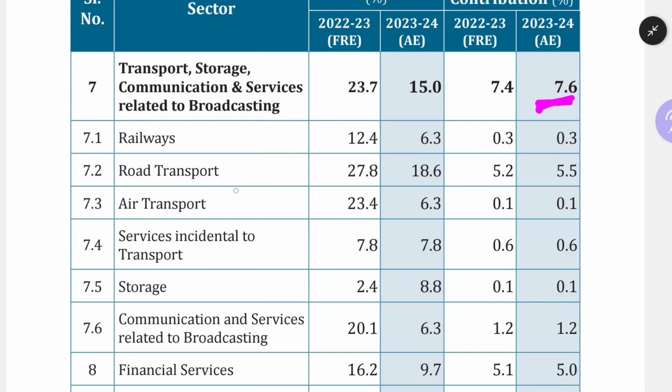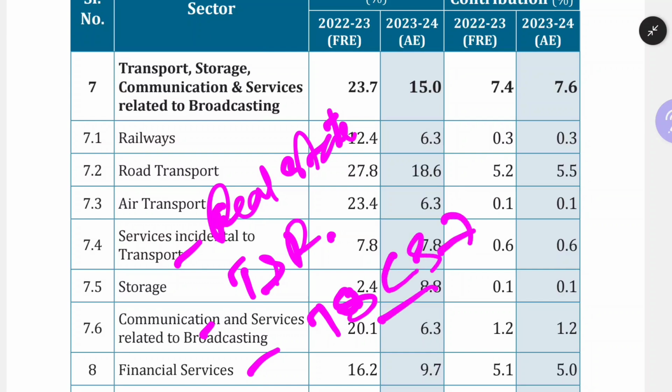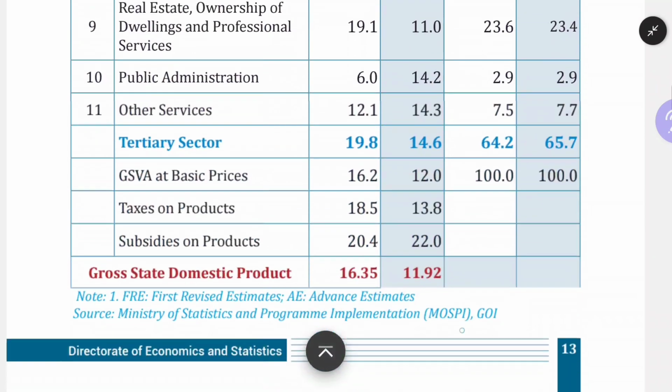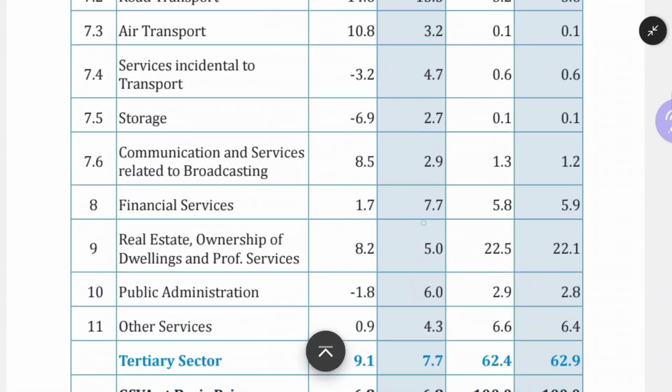So first we have real estate, trade and repair is the second one, and transport, storage, communication services is the third one. So this is the chronological order of the subsector contribution to the service sector. I guess the growth rates are also completed here. Let us go ahead. Constant contribution and constant prices are not important for the examination, so leave it.